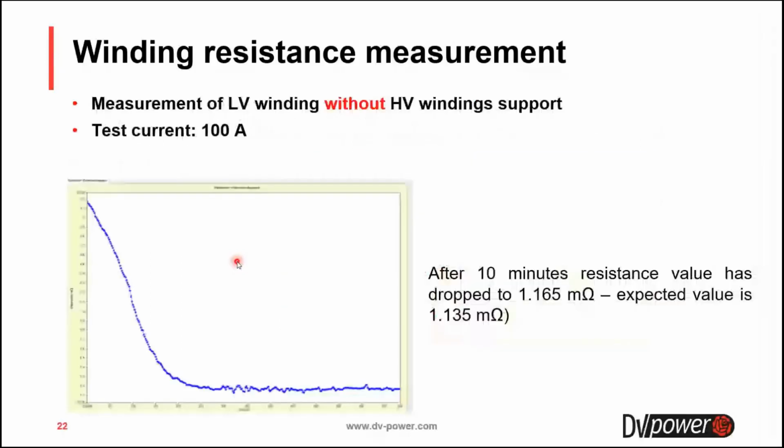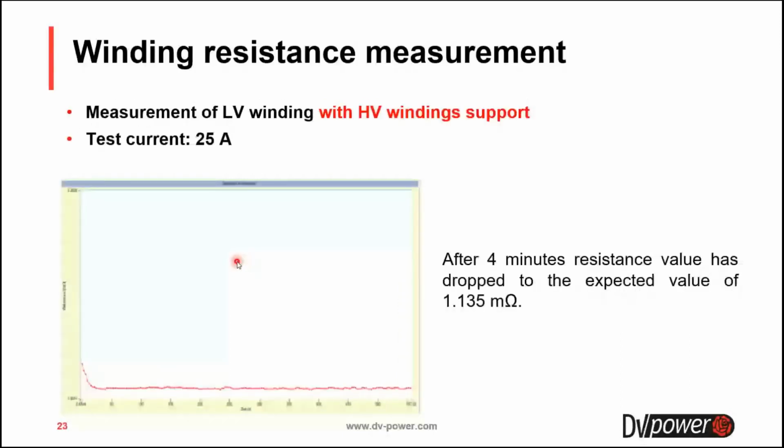The first measurement we performed with our instrument with 100 amps, and you can see on the graph that after 10 minutes the resistance value dropped to 1.165, but the expected value is 1.135 milliohms. It's quite a long time to get stable readings, but we used 100 amps.